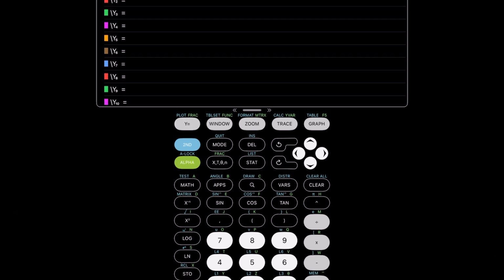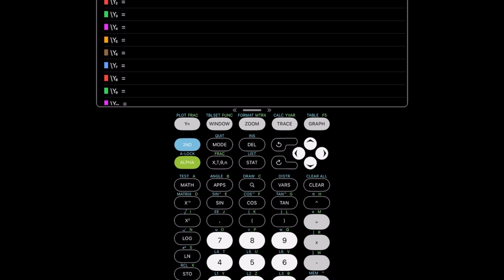So 62 divided by 1 plus e to the power of minus 0.02 x, closing the bracket, minus 33.5 times 1.005 to the power of x.